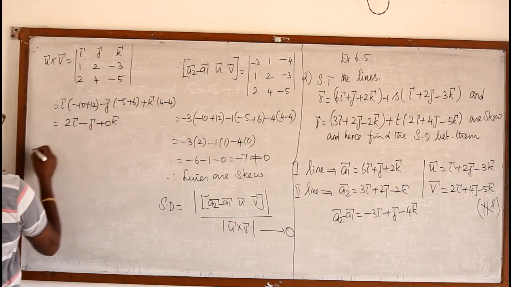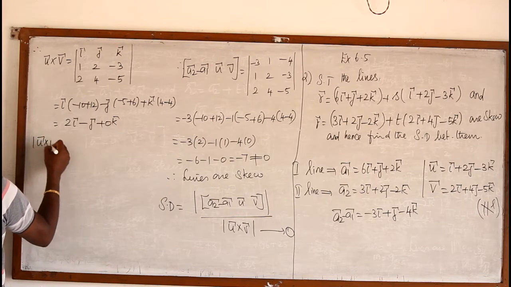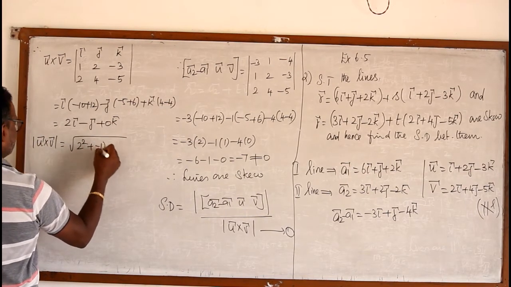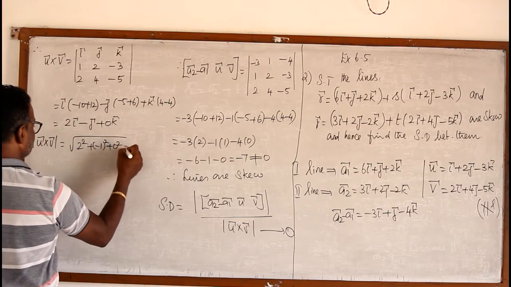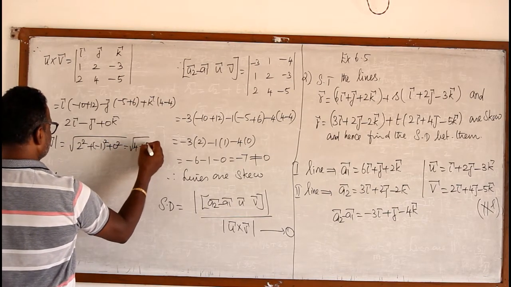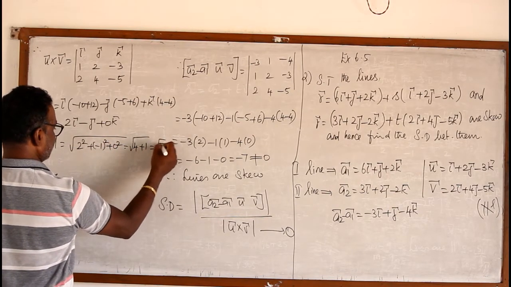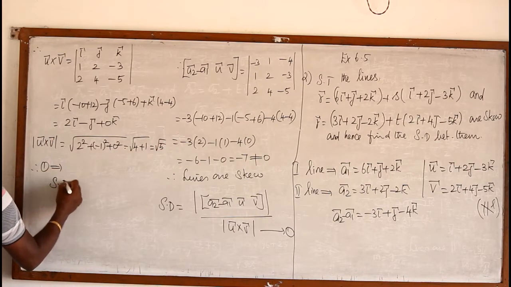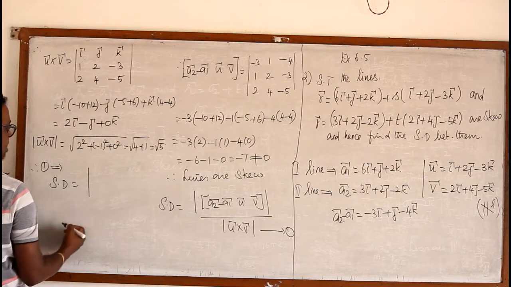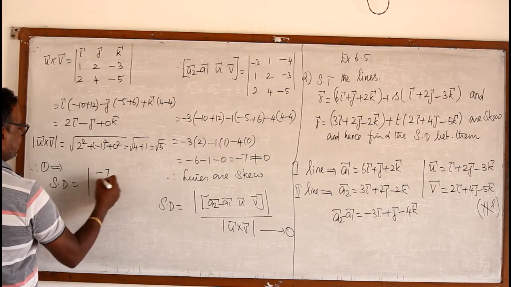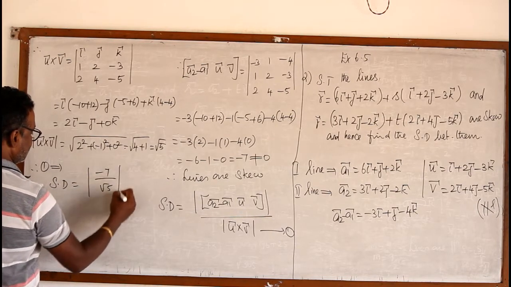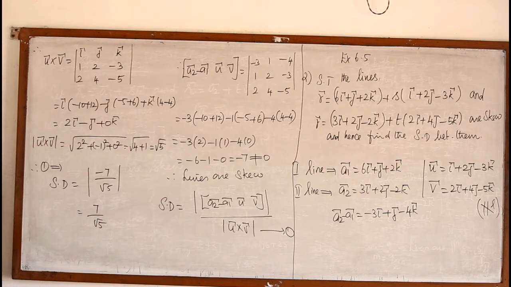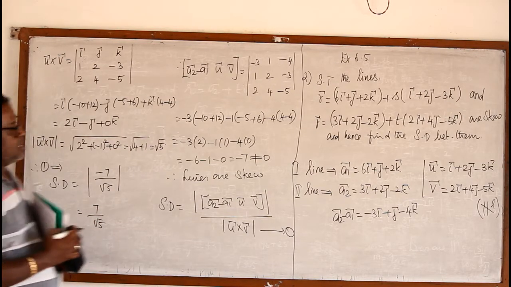Therefore, the modulus of u cross v is root of 2 squared plus (minus 1) squared plus 0 squared, which is root of 4 plus 1, it is root 5. Therefore, the shortest distance is modulus of minus 7 by root 5. So the answer is 7 by root 5. This is the shortest distance between these two skew lines.